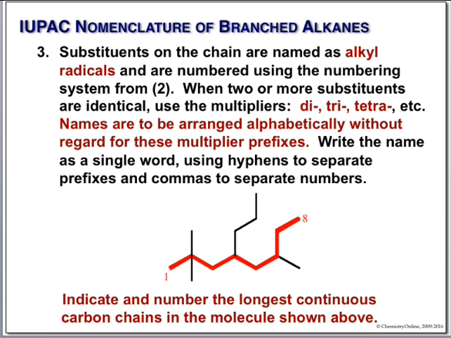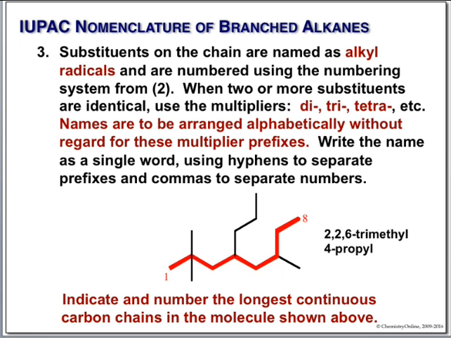So step 1, you identify your chains. Here we have 3 methyl groups, so we're going to call that a trimethyl. And we're going to have to use numbers to tell us where they are. As I look at this, I would say I have methyl groups at carbon 2, 2, and 6.